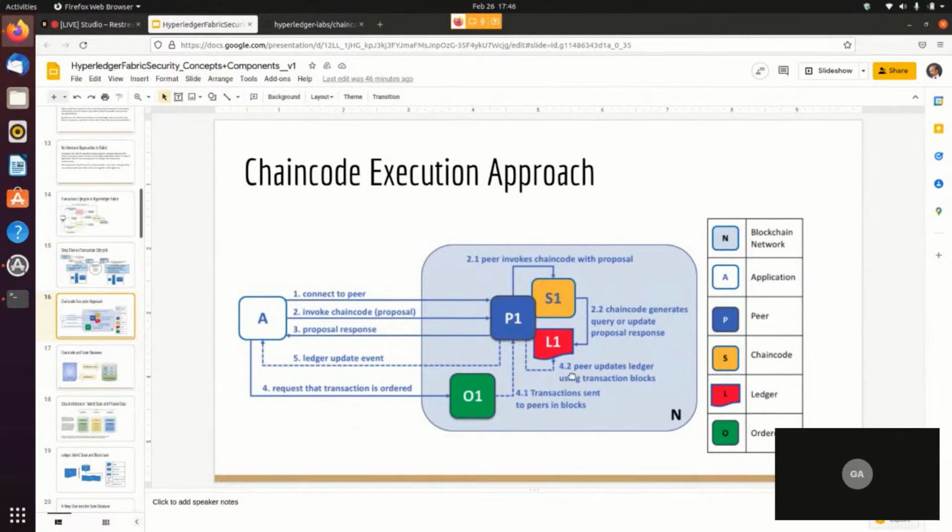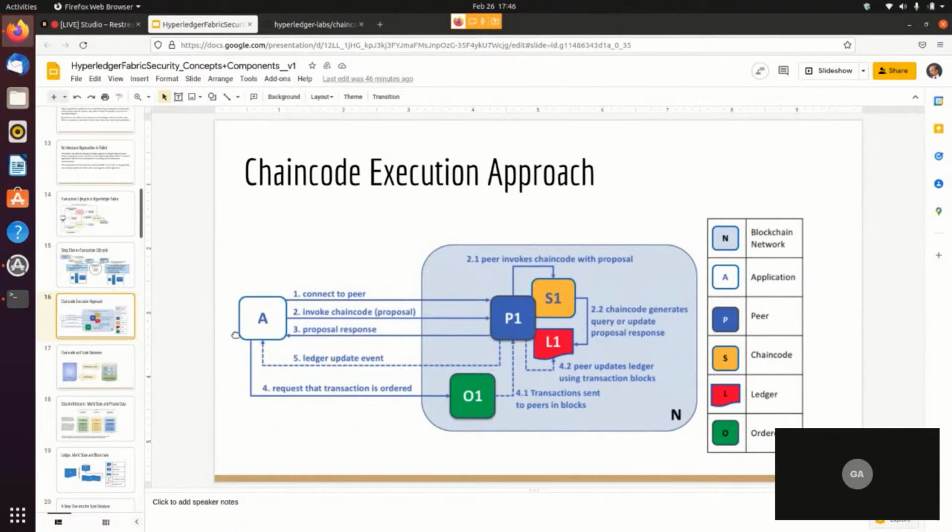The peers update the ledger using the block. Maybe initially the chain code is coming into one peer, but you have a network of three peers in an organization. In that case, the transaction is sent to all the other peers by the orderer. Okay, and the chain code generates the query and updates the response.